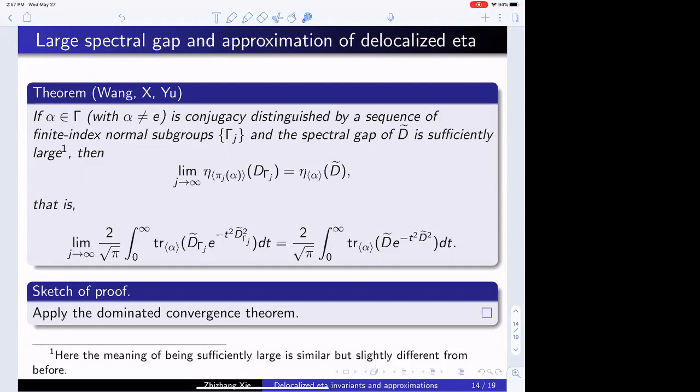Examples are the free group on n generators, SL2Z, or groups like that. Unfortunately, a more exciting example would be SL3Z. Does it satisfy the conjugacy separability condition? The answer is no. For SLnZ, when n is greater than or equal to 3, they are all not conjugacy separable.